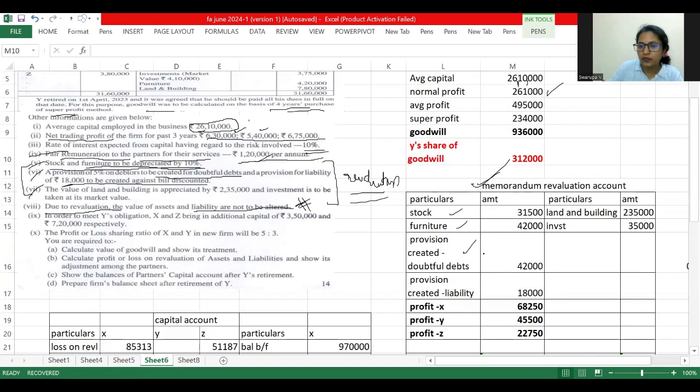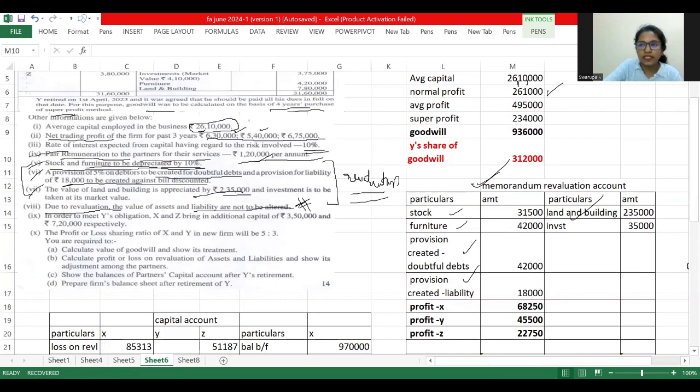So provision for doubtful debts, 5% of your debtor balance. Provision for the bills discounted, again 18,000, that is given in the question. The same thing, we are posting it. Land has been appreciated by 2 lakh 35,000, so it will come in the credit of revaluation account. Land and building 2 lakh 35,000.